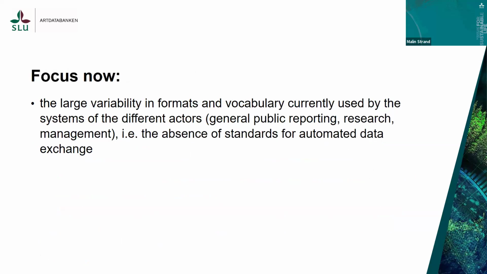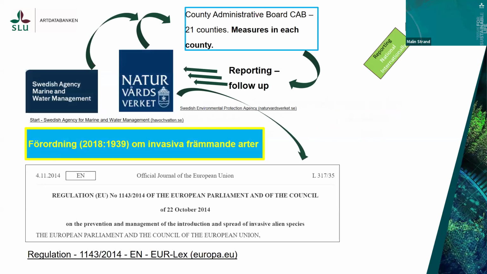So for now, I just want to let you know what we've been working with in Sweden. And we start here. We have the regulation for the invasive alien species for the European Union, number 1143. There's a reporting period that all member states had to follow. And then in blue and yellow, there is a Swedish reflection for the regulation.